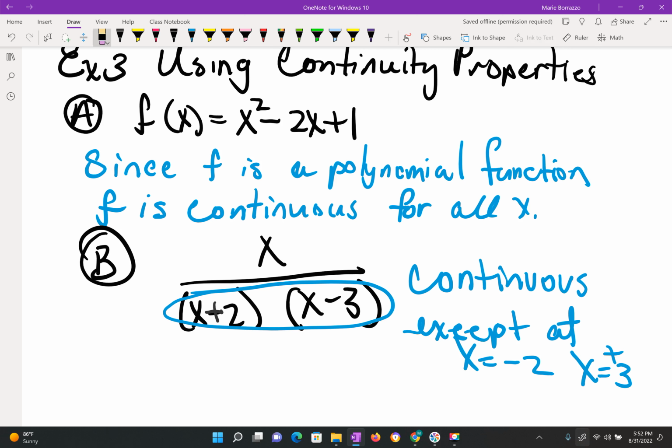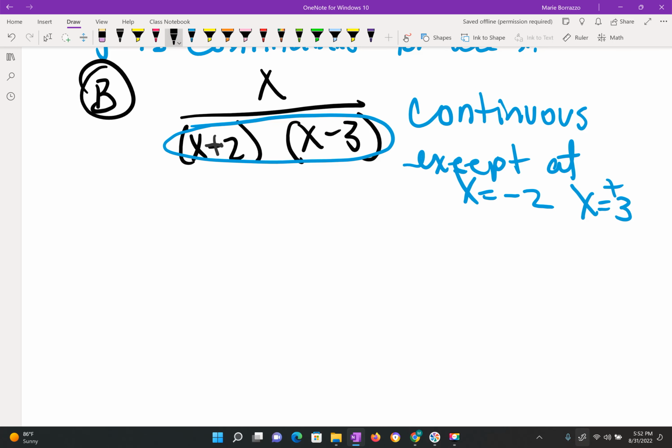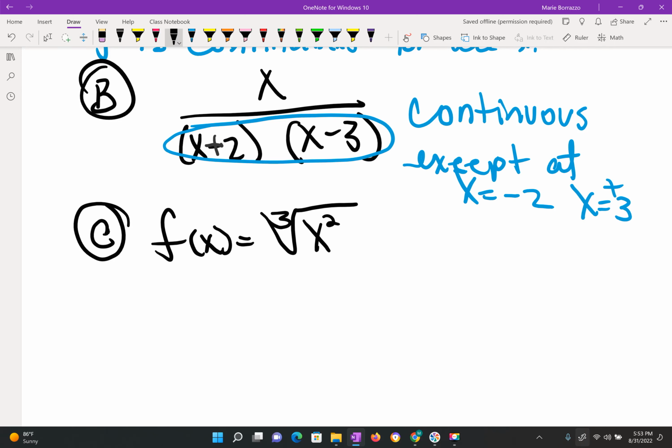Okay, you're really gonna understand the example E when they talked about part E, because in part E, which technically we're looking at C, this one is f of x is equal to the cube root of x squared minus 4. So in this one, this is continuous for all x, and we know that because we're not restricted.